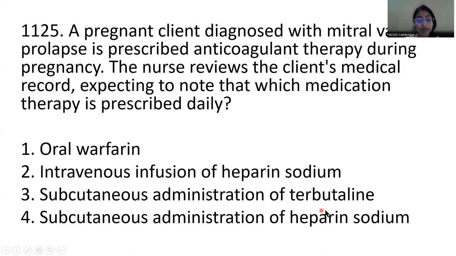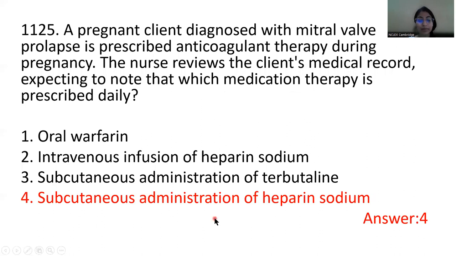Subcutaneous administration of terbutaline. Terbutaline is given in management of preterm labor, so it is not related to anticoagulant. Option 4, subcutaneous administration of heparin sodium, is the correct option. Heparin is a drug which will not cross the placenta, and we will give it subcutaneously, which will be safe for administration. So the correct answer is subcutaneous administration of heparin sodium.